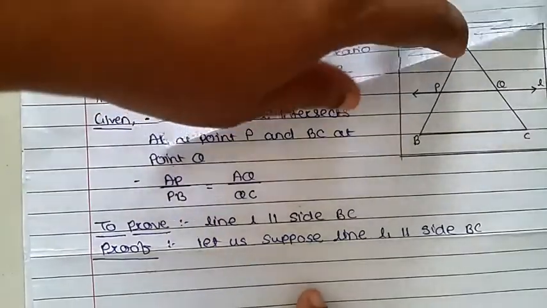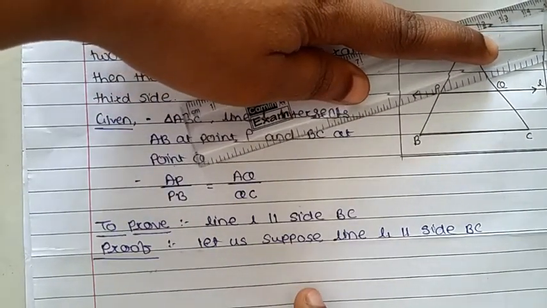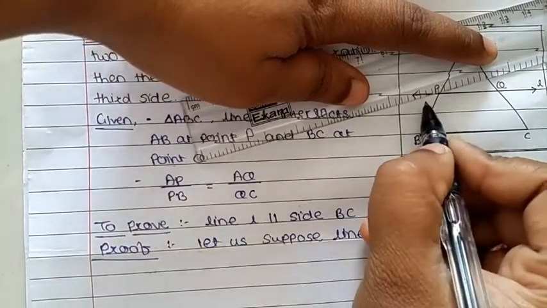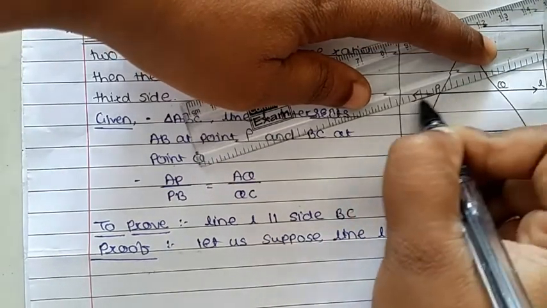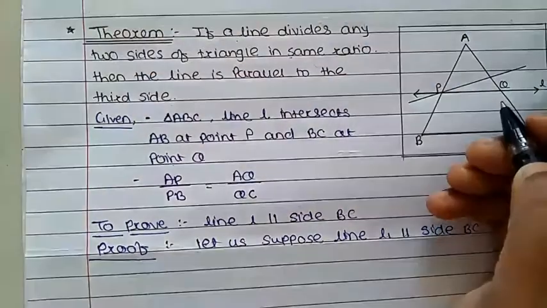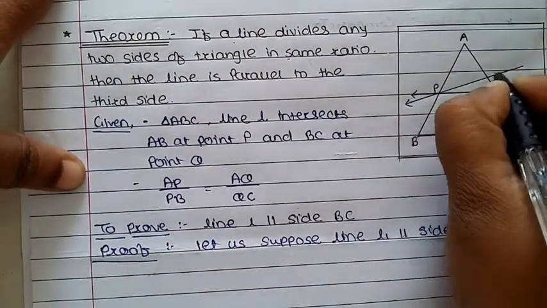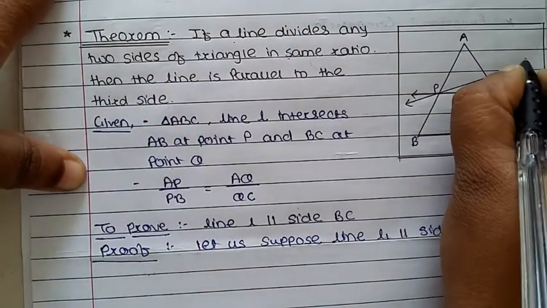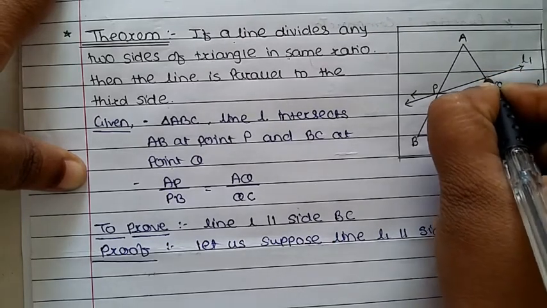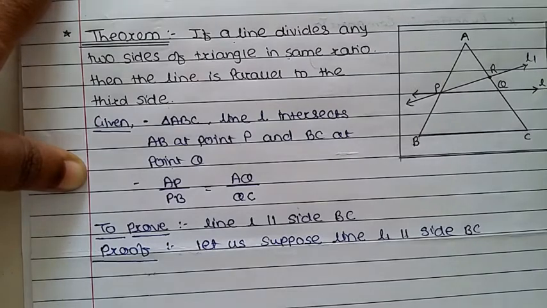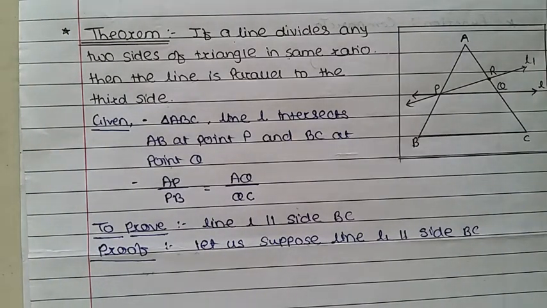Suppose we draw such a line here. This is called line L1 and this intersection point is, suppose, R.